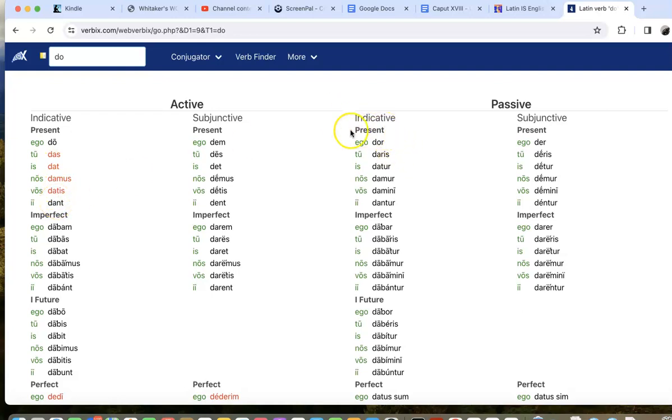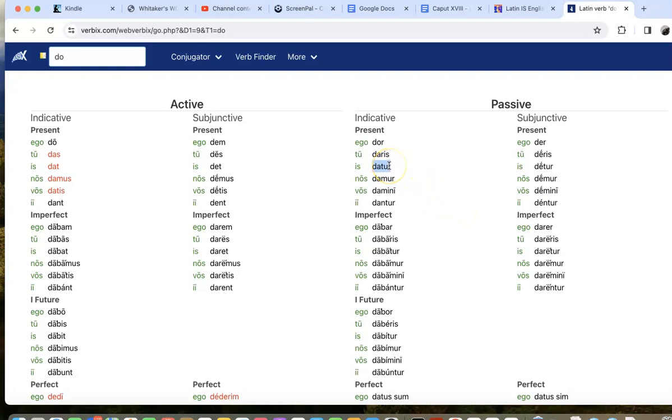But then here's our passive. Dor, daris, datur, damur, damini, dantur. You can see in the example that we have in the Cicero sentence, datur is the passive form of gives in the third person singular. And so this is sort of the big picture of where you're ultimately trying to go with this. And you can imagine this takes many, many years of hard study in order to master.